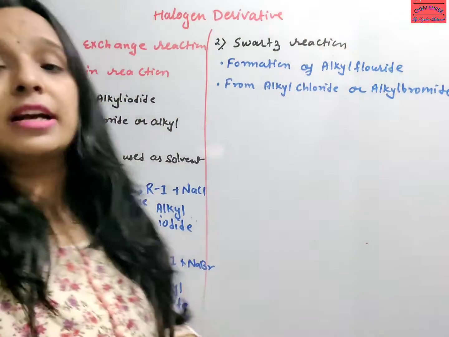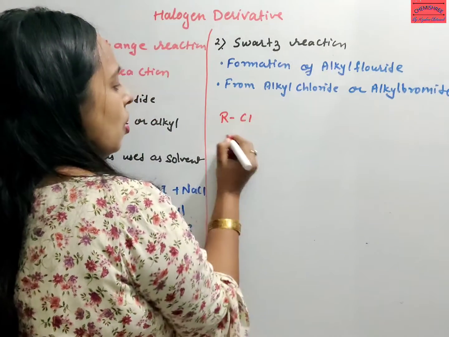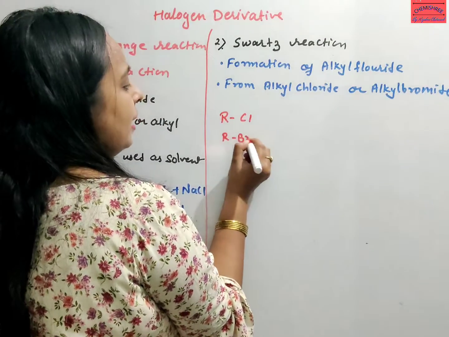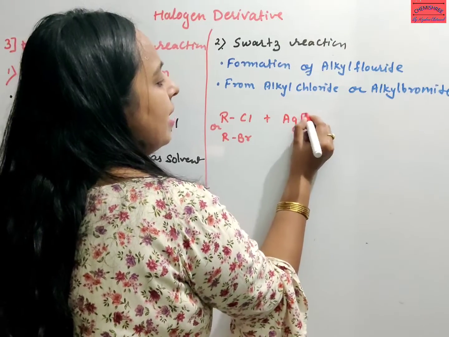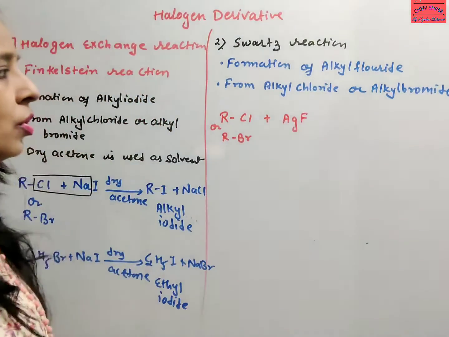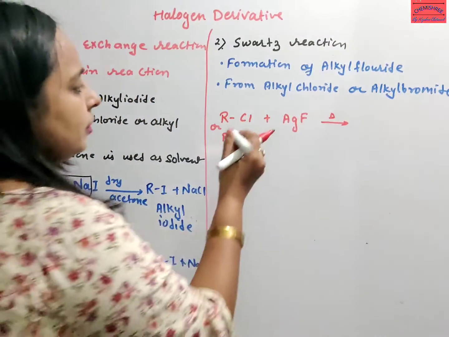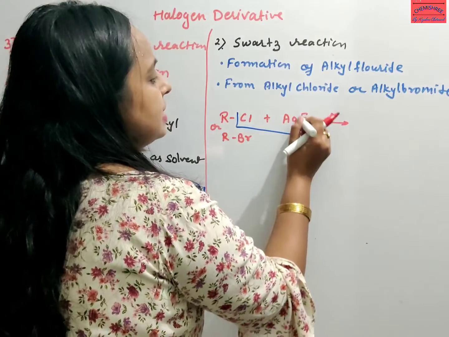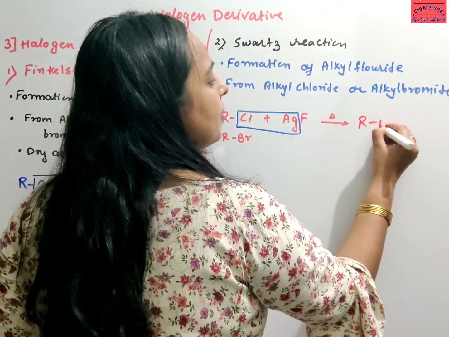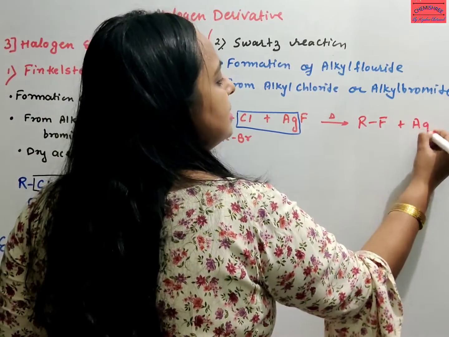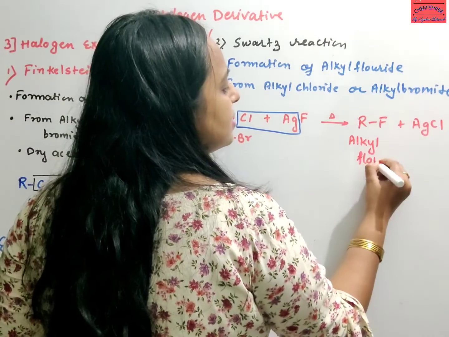So let us see the reaction when alkyl chloride or alkyl bromide, any one of them, is treated with metal fluoride like AgF or CoF2. So what will happen? There is a removal of AgCl and you will get RF plus AgCl, alkyl fluoride.